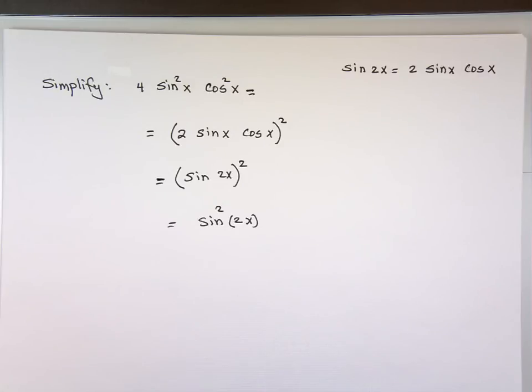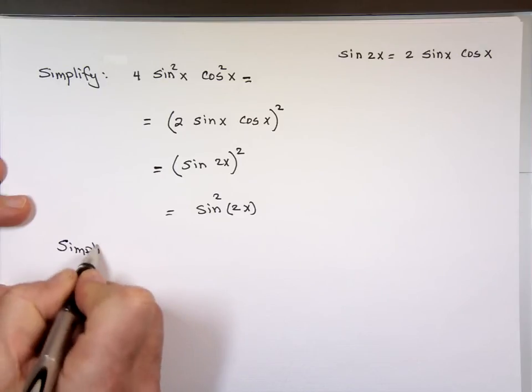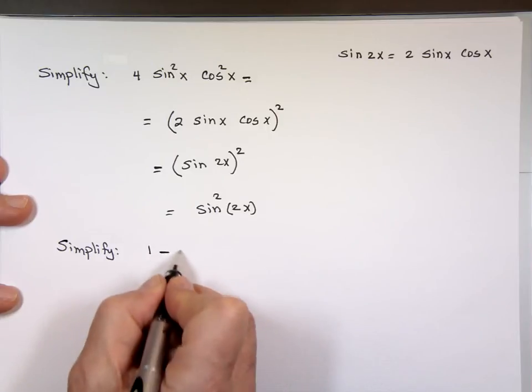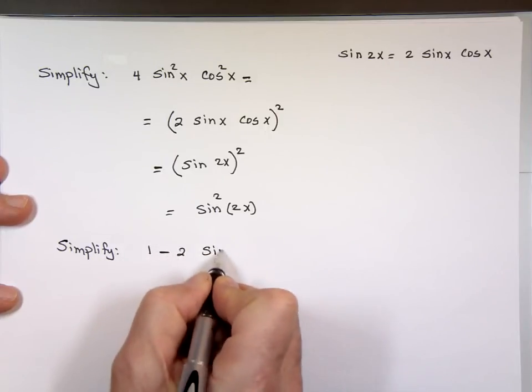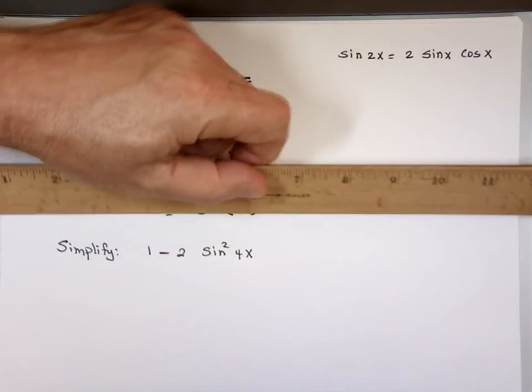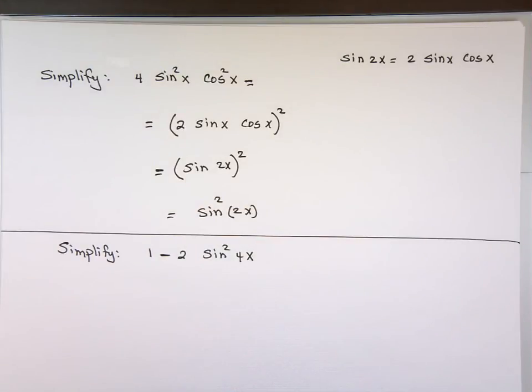Or you might see simplify: 1 minus 2 sine squared 4x. It's a different problem. Well, let me look. 1 minus 2 sine squared.